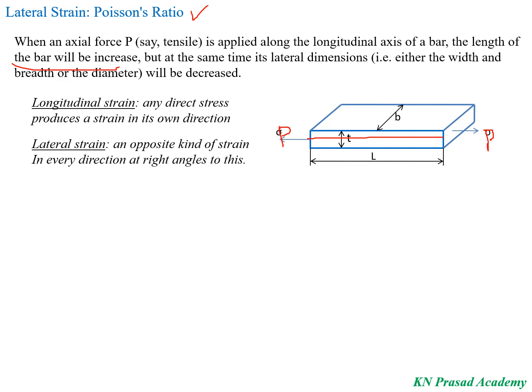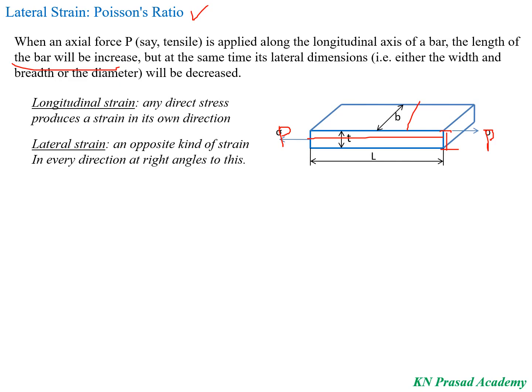But we have to observe the same thing in another direction, that is the lateral direction, the width point of view or maybe the thickness point of view. In the width and thickness, these dimensions will decrease. These corresponding strains we call the lateral strain.